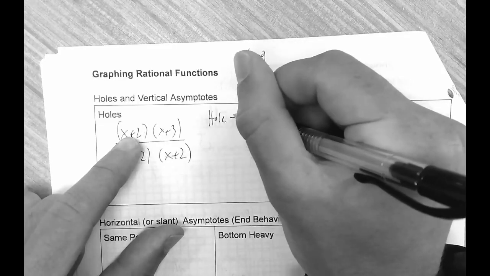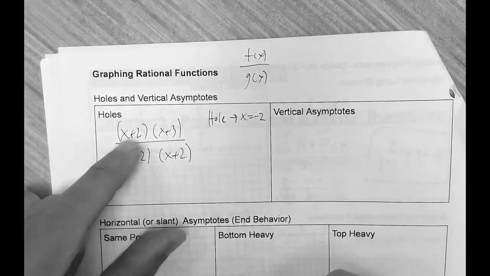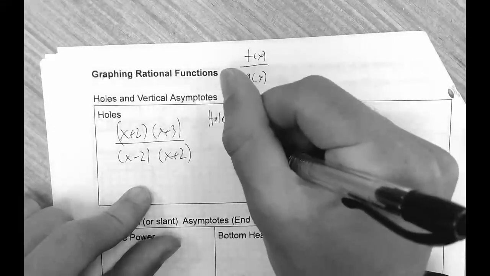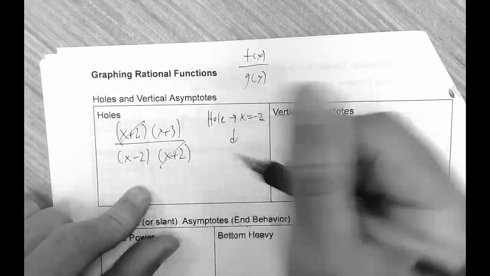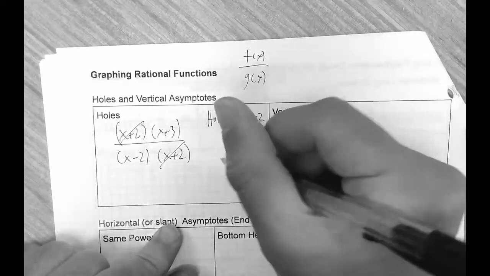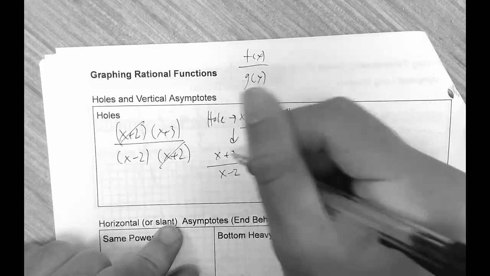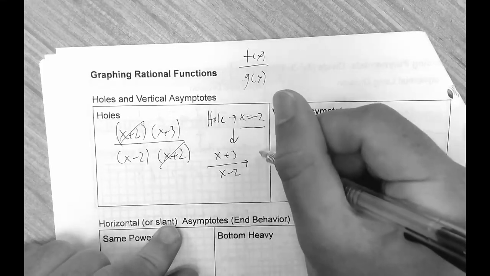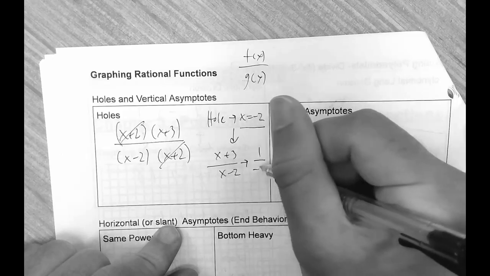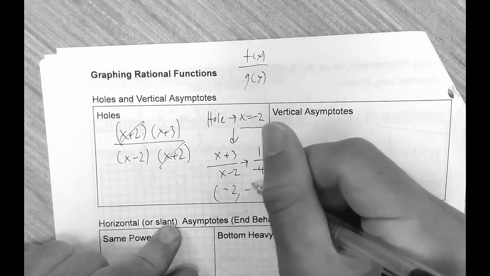So our hole is at x equals -2. Okay. To find the y value, you cancel the factor and then plug that x value into what's left over. So what's left over would be x plus 3 over x minus 2. Plug in the -2, we're going to get 1 over -4. So your hole coordinate would be (-2, -1/4).